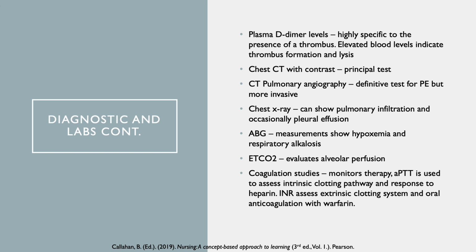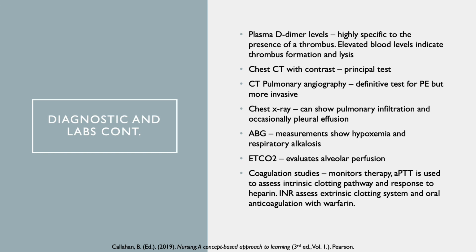And then a chest CT with contrast is the principal test. A CT pulmonary angiography is a definitive test for a PE, but it's more invasive compared to the chest CT with contrast. A chest x-ray can show pulmonary infiltration, but the CT with contrast is more effective.